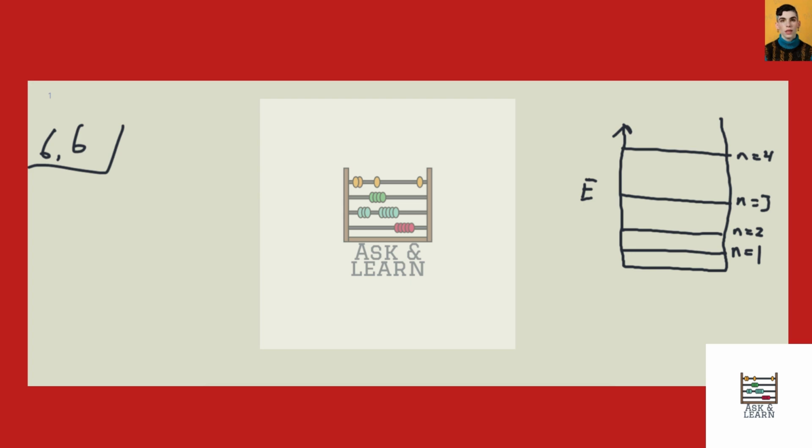And then it asks us, as drawn, which quantum numbers are involved in the transition that requires the most energy. So this is part A. We can see that really n is equal to 1 should be at the bottom here.